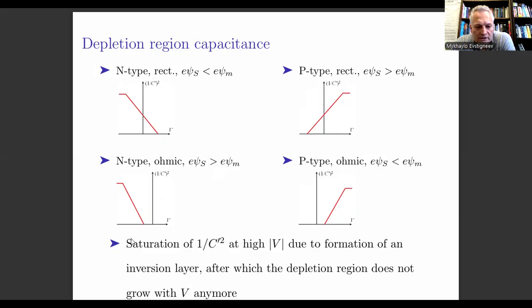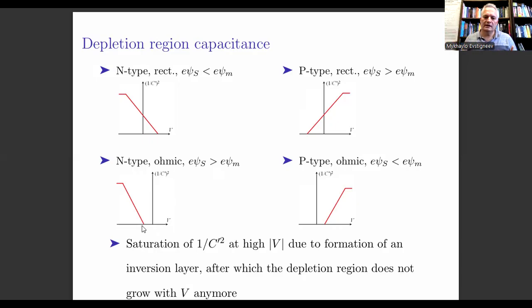Now, on the other hand, if the contact is ohmic and your voltage applied to the metal is positive, then there is no depletion region. So the value of inverse capacitance squared is 0. You decrease the voltage in the negative direction, and at some point, when the voltage applied to the metal is negative and has some finite value, you create the depletion region, because at this voltage value the band bending is 0.